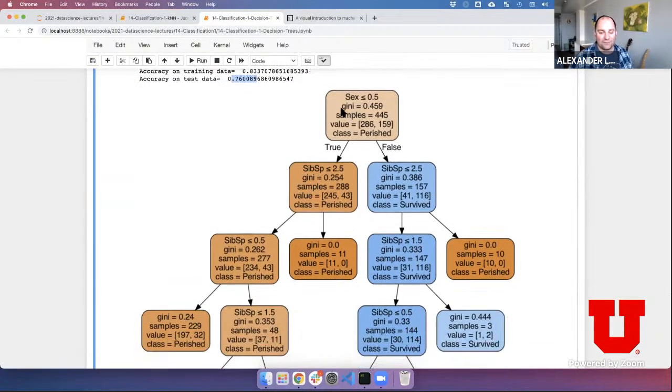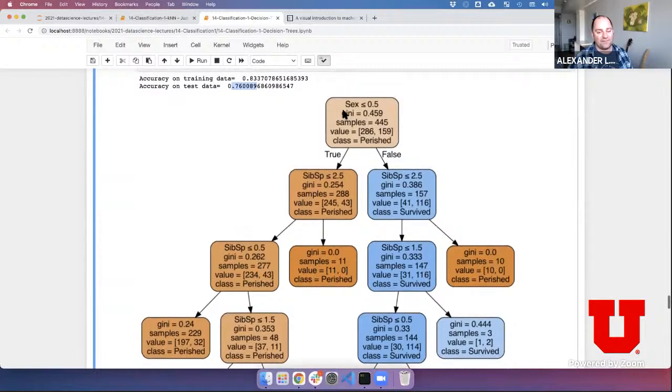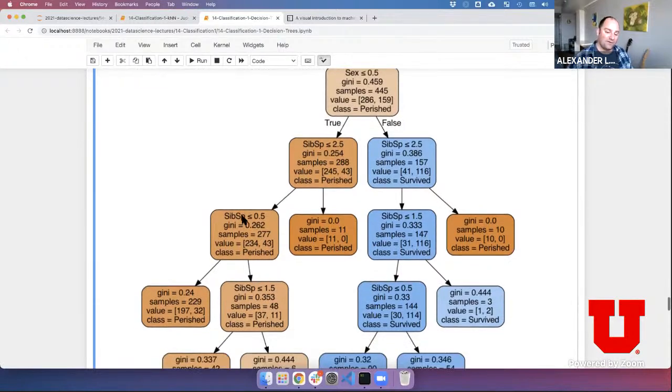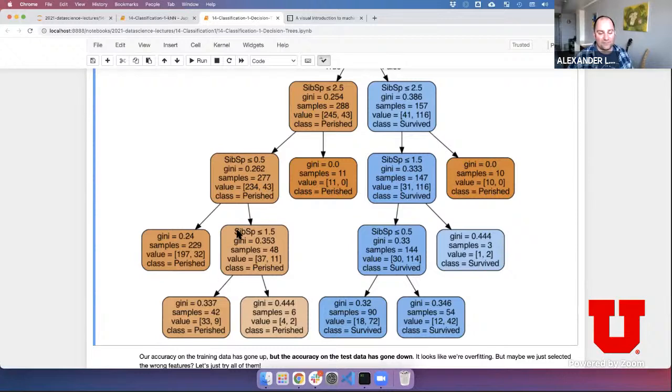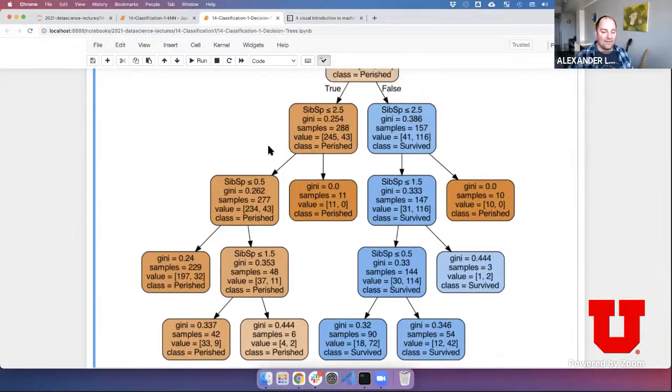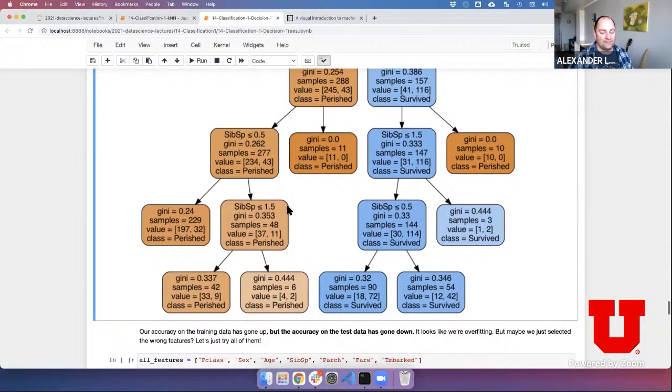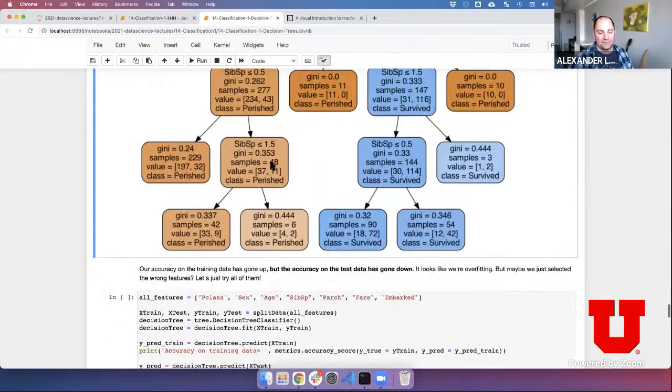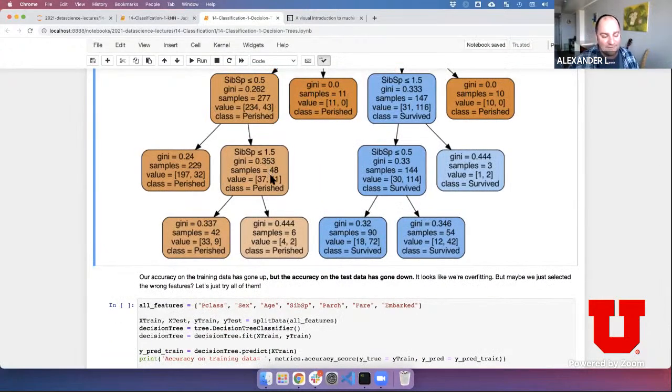Here we're splitting first again, not surprisingly, by sex, and then the tree decided to split by sibling spouse smaller than 2.5, and then sibling spouse smaller than 0.5, and so on. And you can see that even though we have classes that are all essentially predicting that they perished, we still have leaves here that divide the data set further.